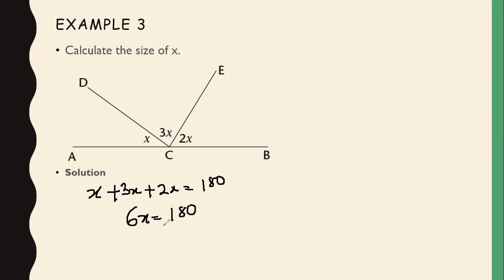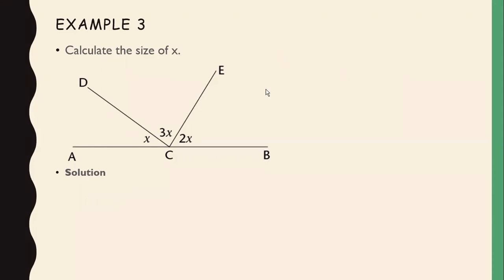Remember, we are looking for x, so we divide both sides by 6, so that x will be equal to 180 degrees over 6, and that will be equal to 30 degrees. So the value of x is 30 degrees. Any question here? In the absence of any, we'll go to the fourth example.